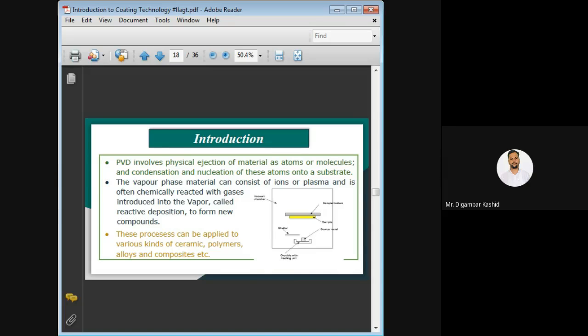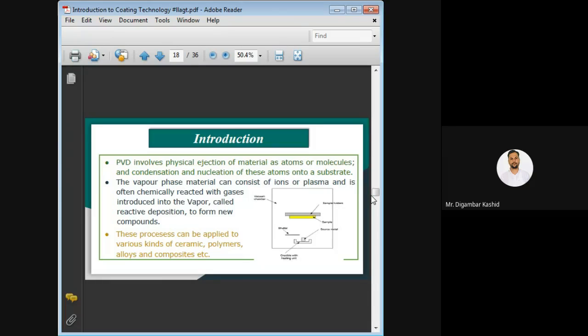Other energy, and the metals are exiting, and then metal ions will slowly deposit on the substrate itself. This is the simple fundamental behind physical vapor deposition.